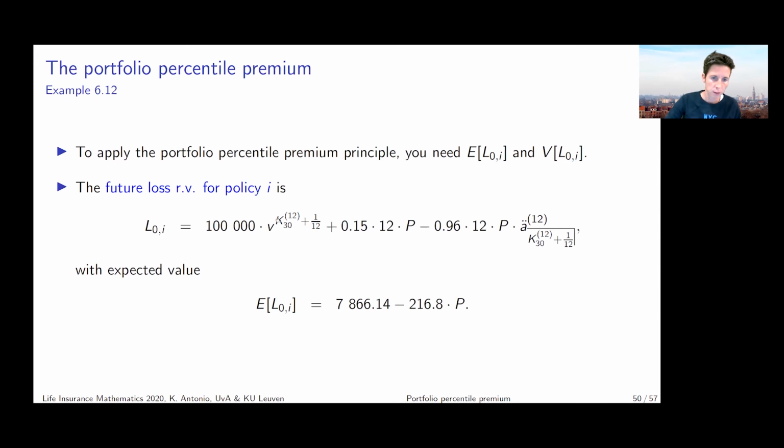I would calculate it as the expected value of this whole expression. If I take the expected value, I would recognize the EPV of the whole life insurance that pays at the end of the month, and here the EPV of the whole life annuity that pays monthly, right?